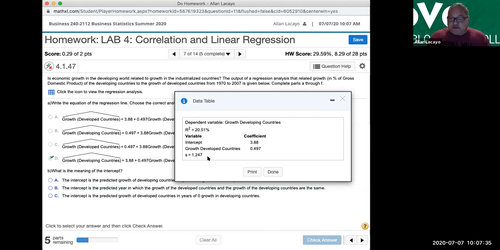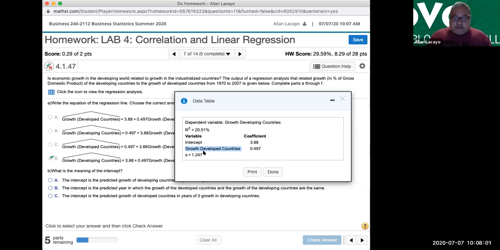So you get 4 of the building blocks that are connecting the y variable. The y variable is the one that depends on the other one, and that would be developing economy growth. And the independent variable would be the one associated with the slope. In this case, the developed economies, or let's call them rich countries.